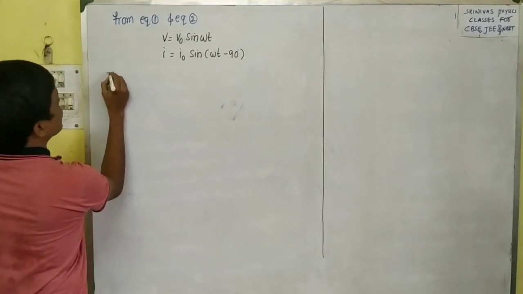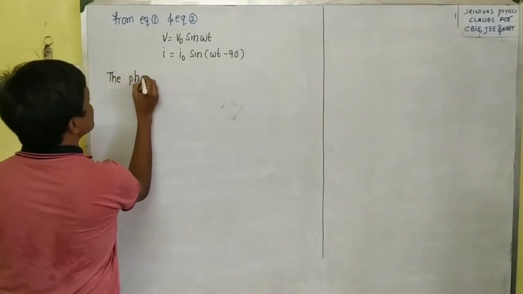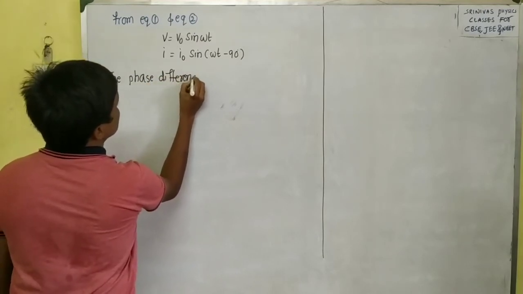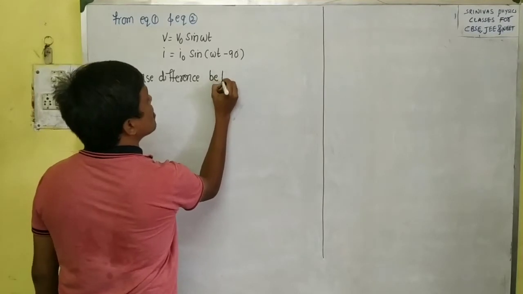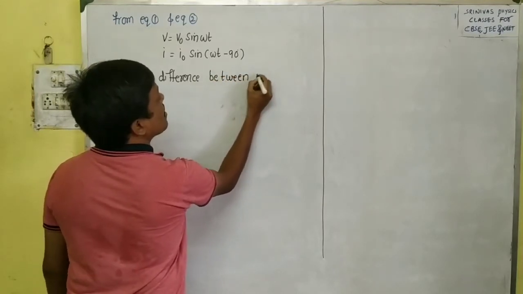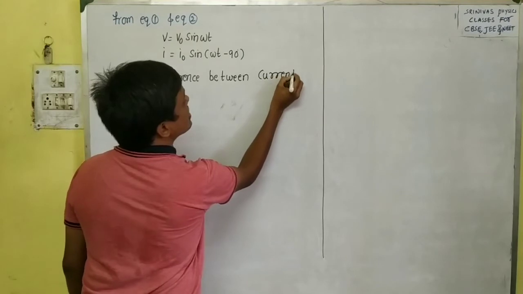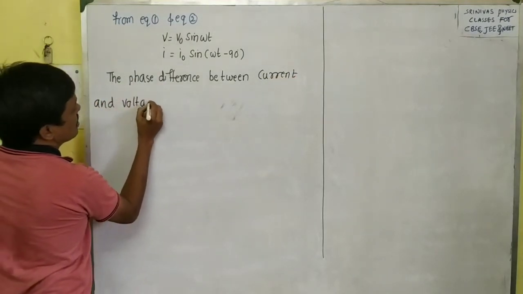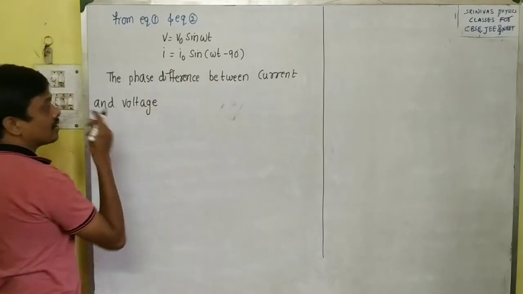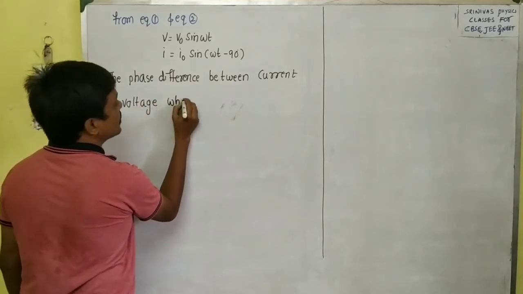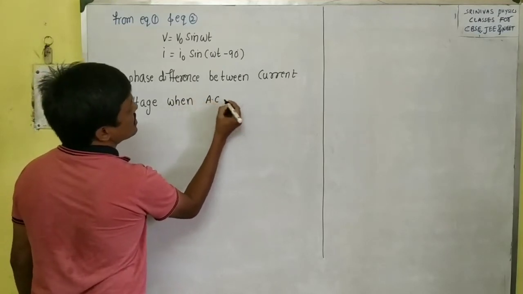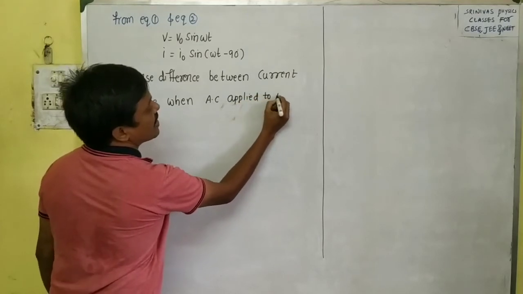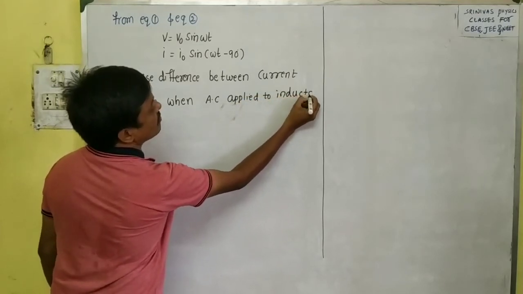Then we write like this: the phase difference between current and voltage when AC voltage is applied to an inductor.